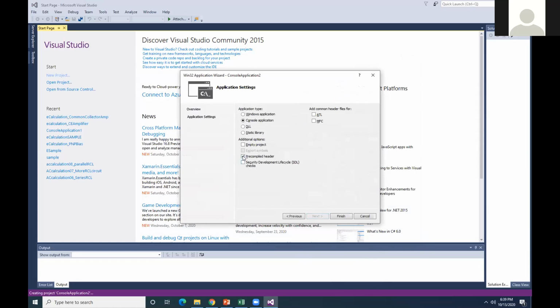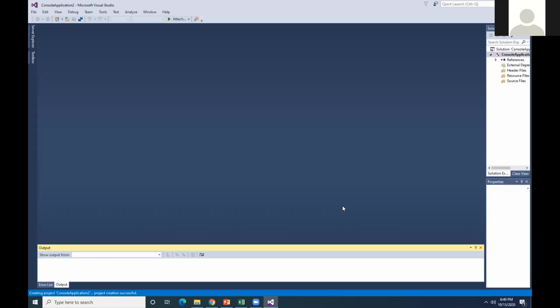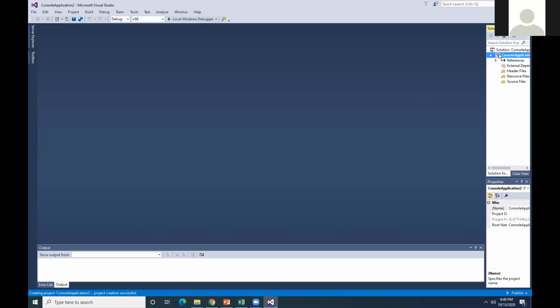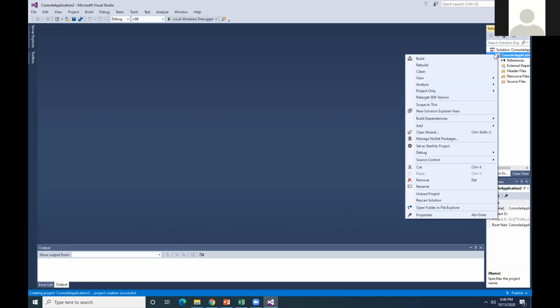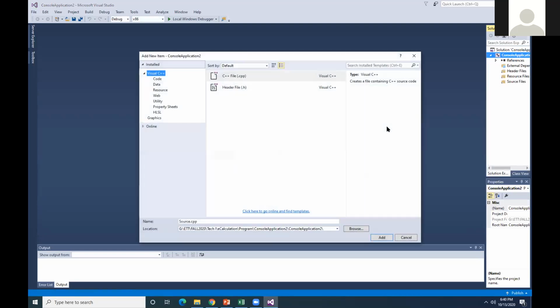Unlock that one, mark that one, and say finish. Then the next step, right click on your project, add new item.